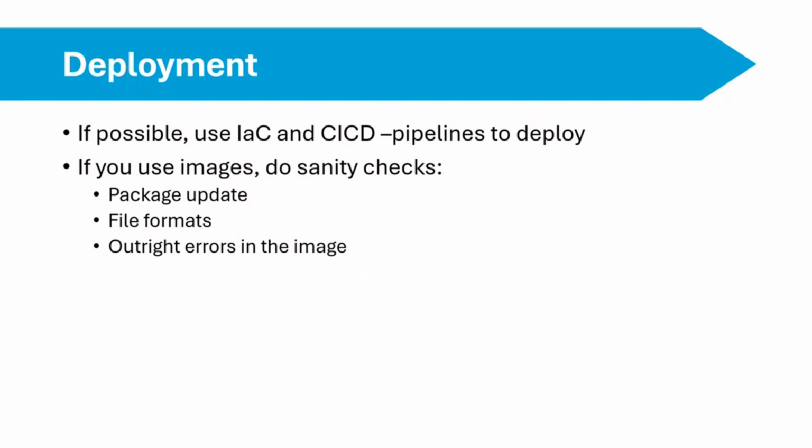These are mandatory things you need to have in place if you want to deploy these things in a somewhat sensible fashion. Because if you're building an image and you just have random updates or no updates at all, and you use random package versions, things are going to break really easily and really quickly.